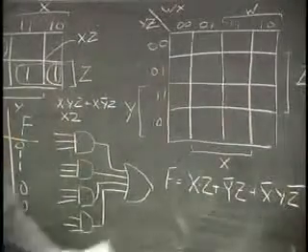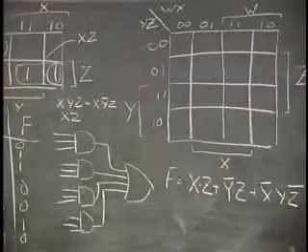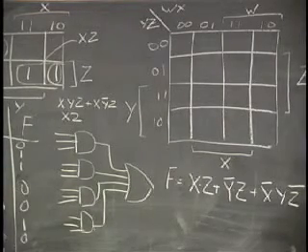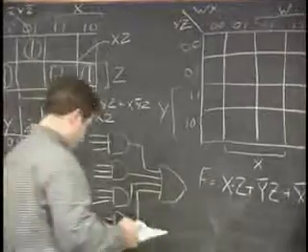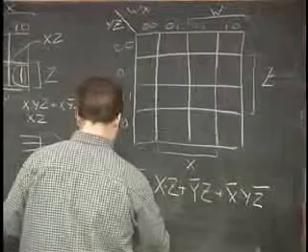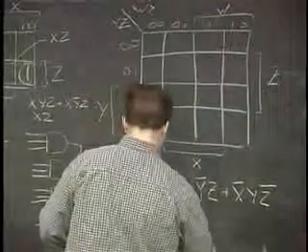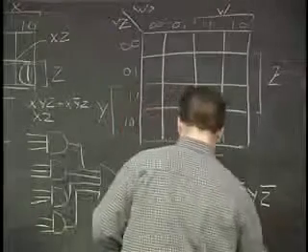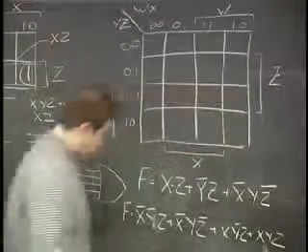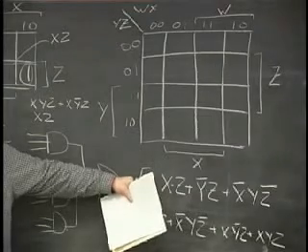So this here is equivalent to this. Do you want me to write out the four terms that it would have been, to show you what we've simplified? Okay. So it would have started out to be f equals x, y, z, not, plus x, y, z, not, plus x, y, z, not, plus x, y, z. So we've taken this expression and simplified it to this expression.